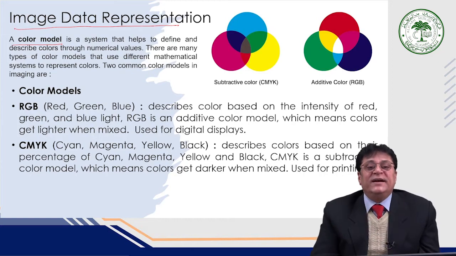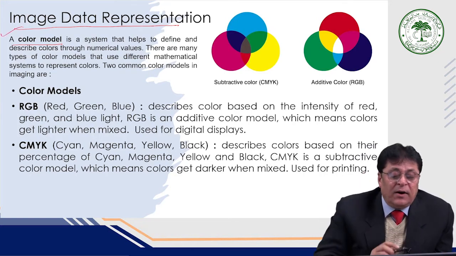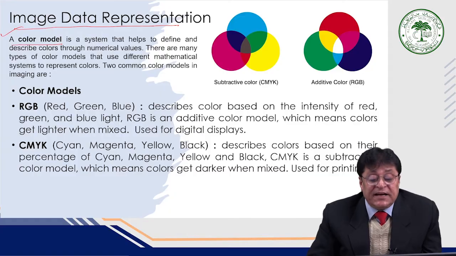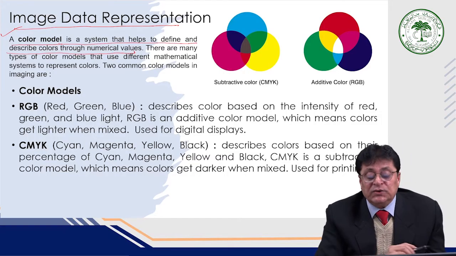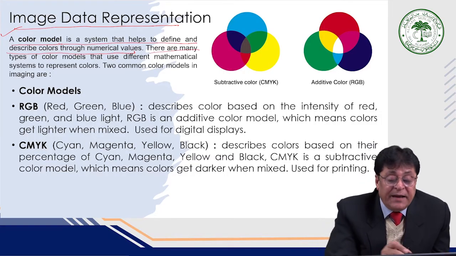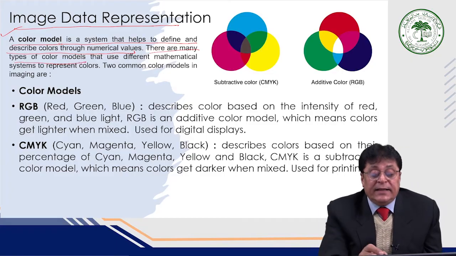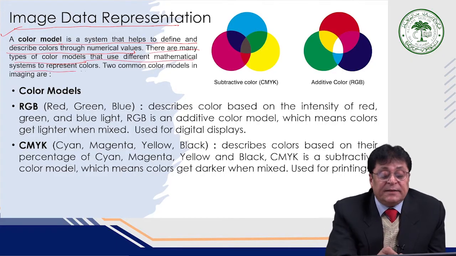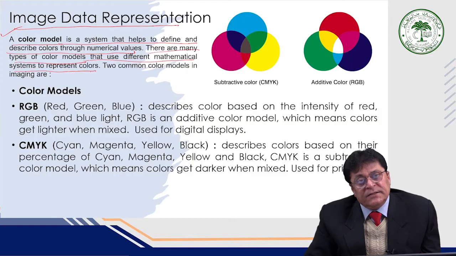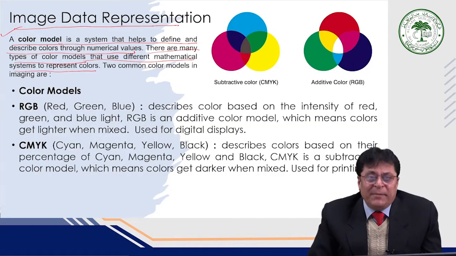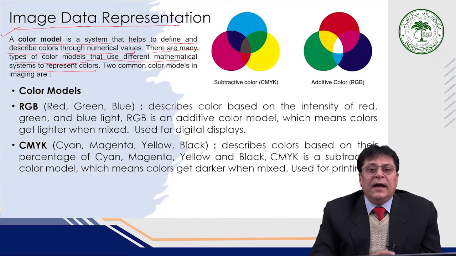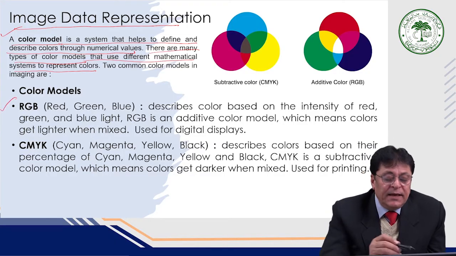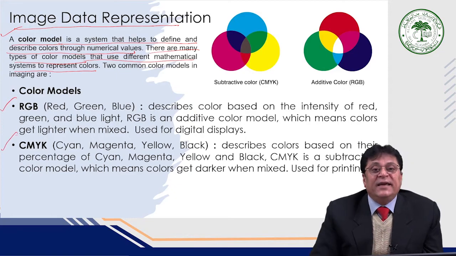For computers to understand this, a color model comes into the picture. It is a system that helps to define and describe colors through numerical values. And there are many types of color models that use different mathematical systems to represent colors. Two most common color models in use are, as you can see, RGB and CMYK.